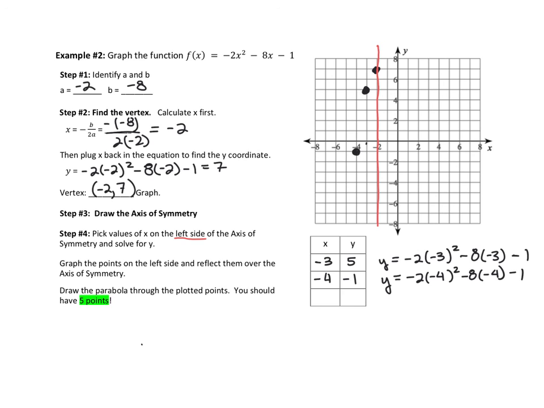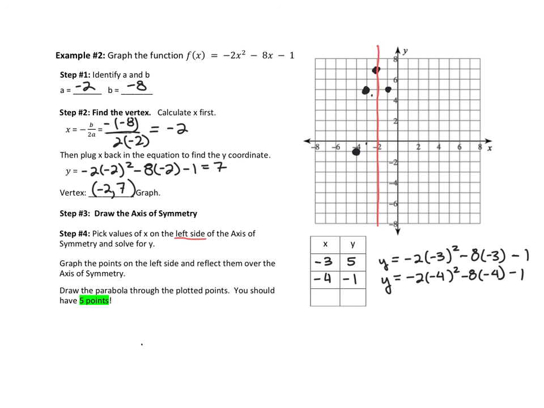So now we reflect these points over on the other side of the red line, our axis of symmetry. So this point at -3, 5 is 1 box from this red line, the axis of symmetry. So I'm going to put it on the right of that line, 1 box from the axis of symmetry.